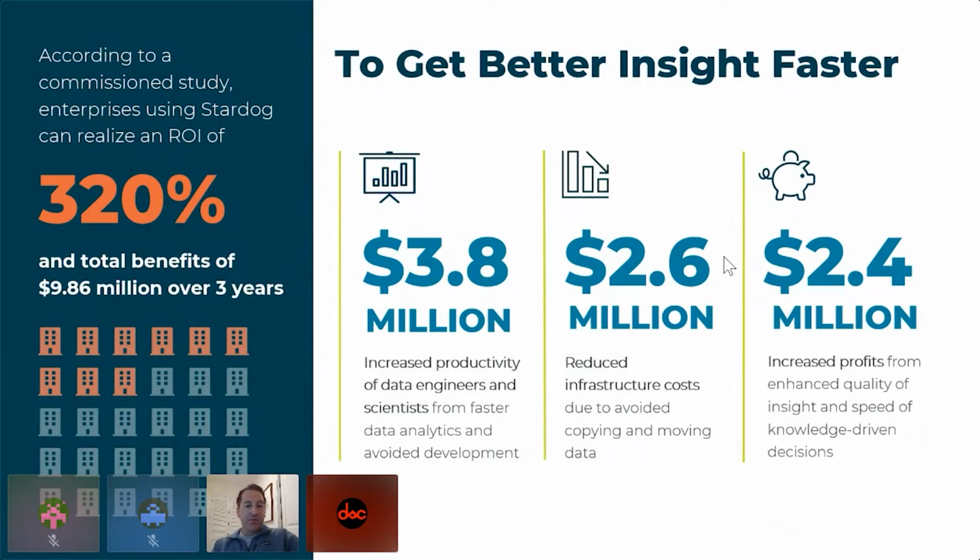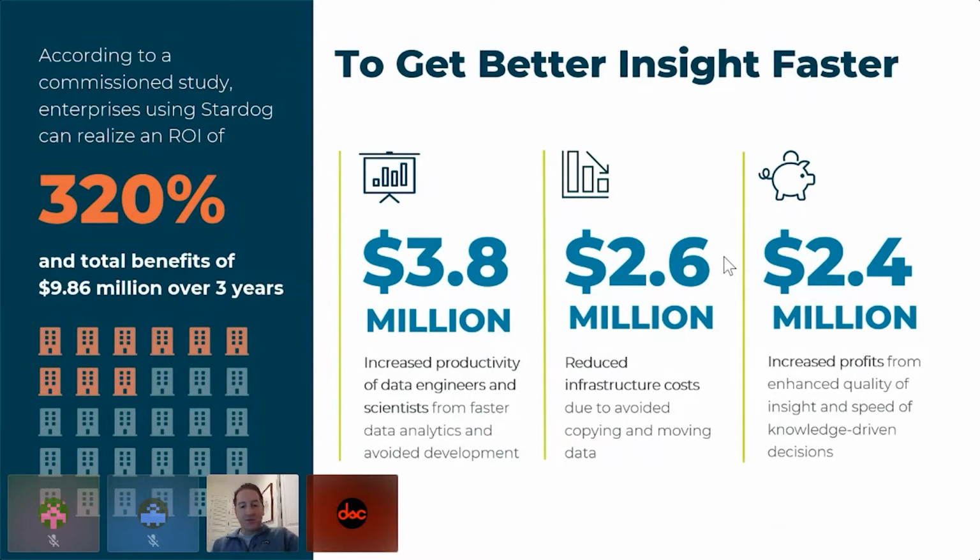Stardog also helps with reducing infrastructure costs through virtualization. This reduces storage costs, and this also reduces the computational hardware cost. And this all leads to increased profits, by connecting multiple data sources together in a semantic layer. It makes data analysis more efficient.